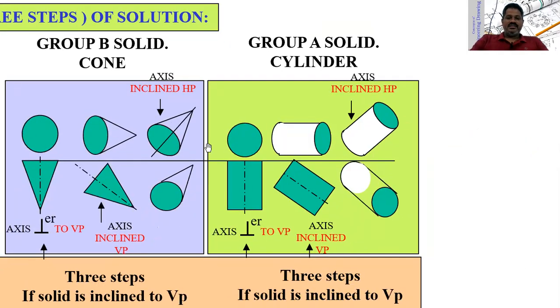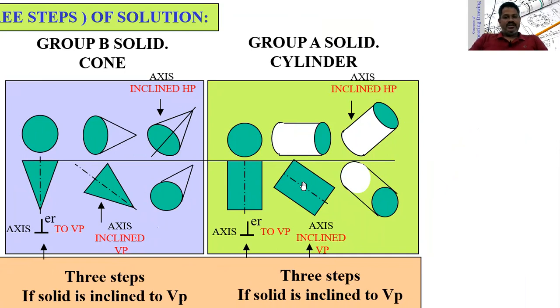And similarly, a cylinder base is lying on VP. If the cylinder base is lying on VP and the axis is perpendicular to VP and parallel to HP, in this case, the top view is a rectangle and the front view is a circle. And similarly, the axis of the cylinder is making some angle with VP.